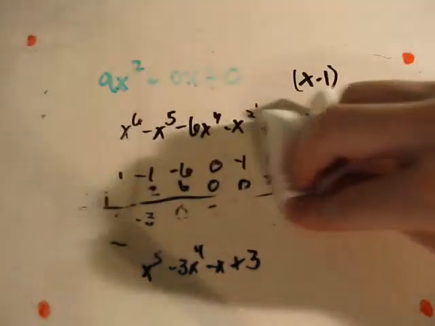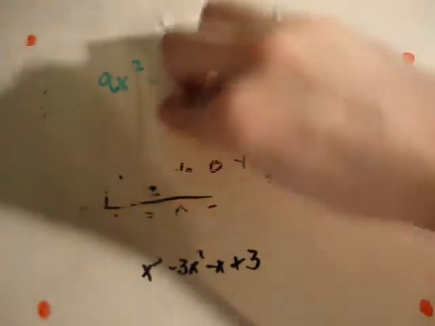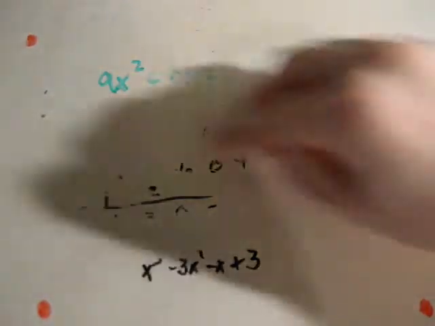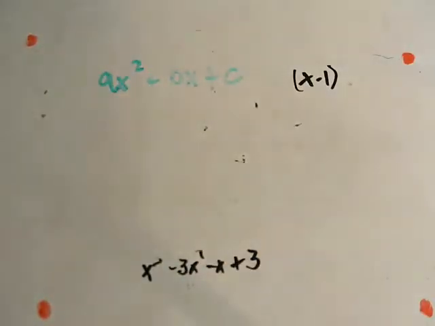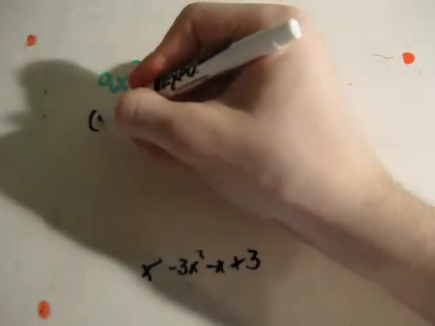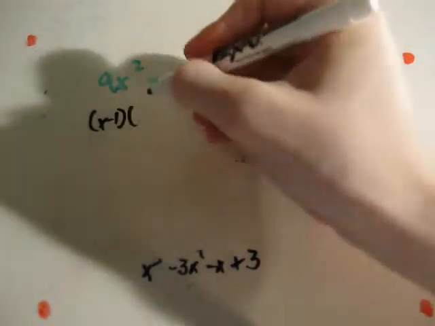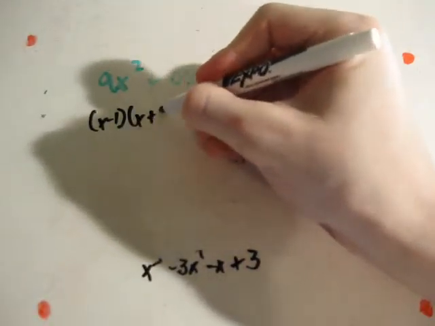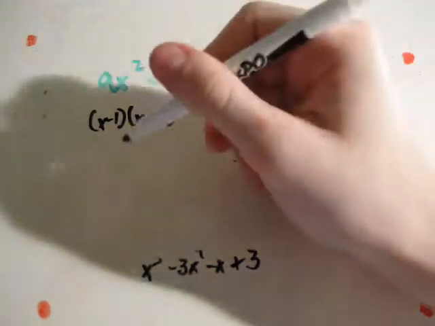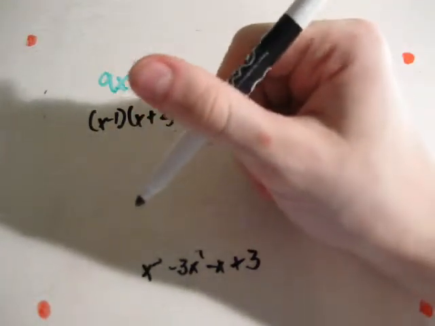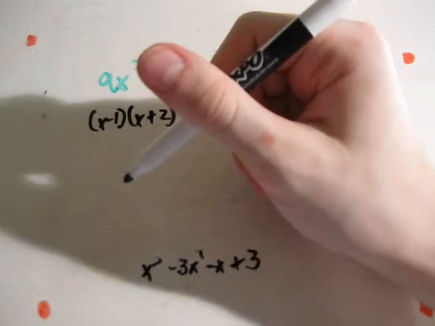Now what do we do after this? Well, to show that we've got this much done, it's generally shown as x minus 1, then x plus 2. Remember, our negative 2 was actually the x. It's not the factor with x minus 2.